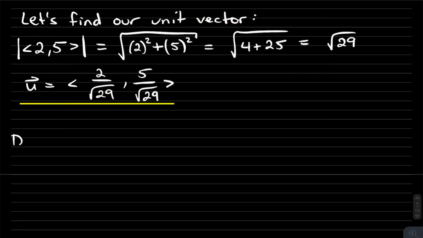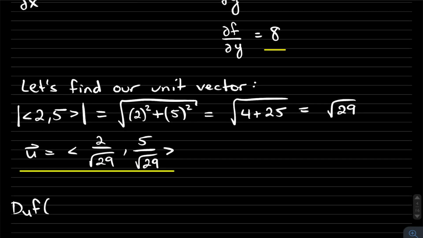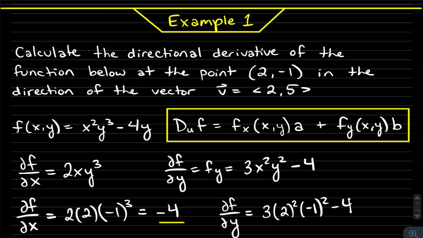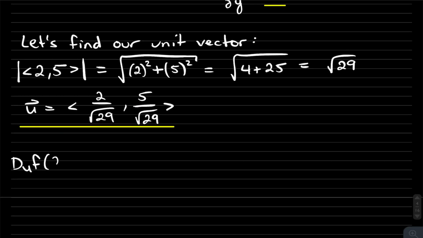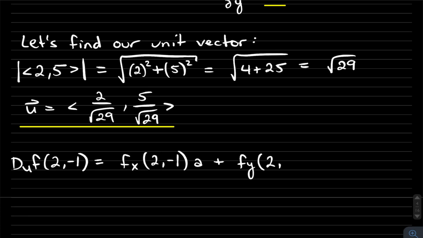And so to find our directional derivative now, at our point, which is (2, -1), we need our partial derivative with respect to x, so our f sub x at (2, -1) times our a, plus our partial derivative with respect to y at (2, -1) times b.